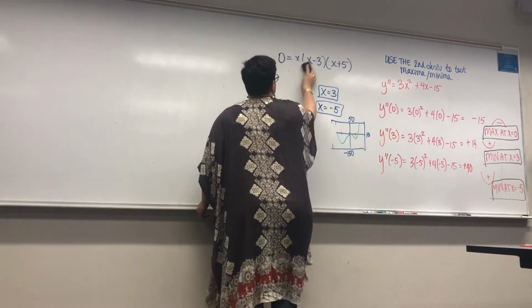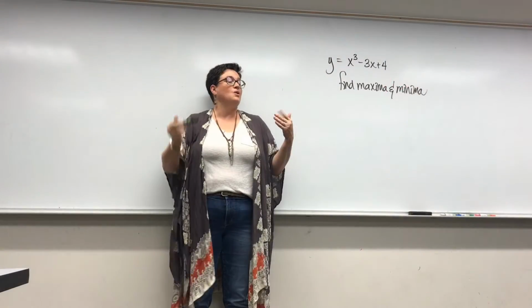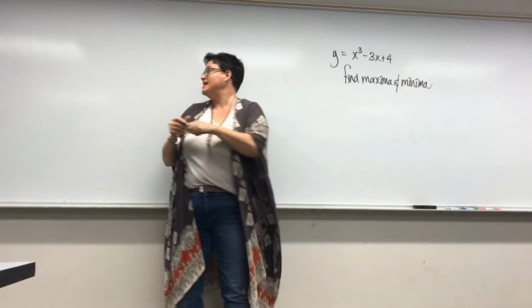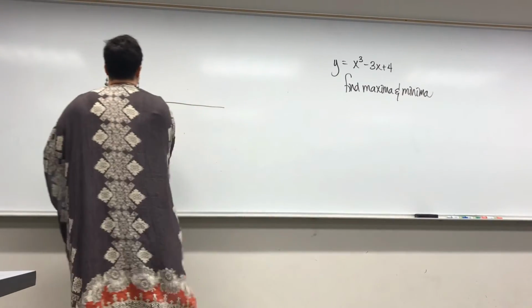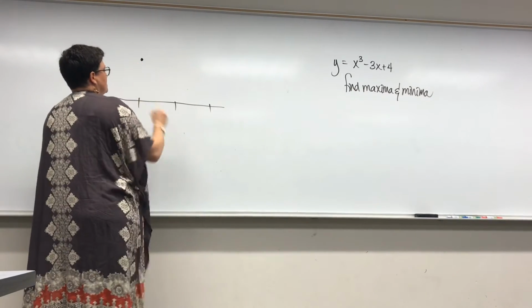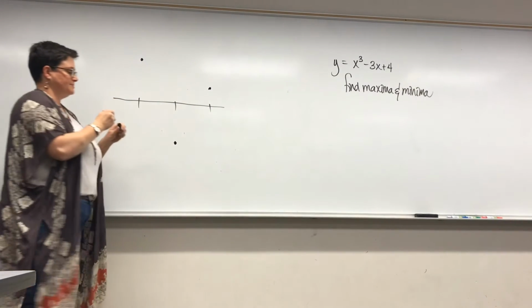The y values corresponding, not the y-intercept. So let's say you get x's that are like here, here, and here, and the corresponding y is up here, the corresponding y is down here, and the corresponding y is right here.